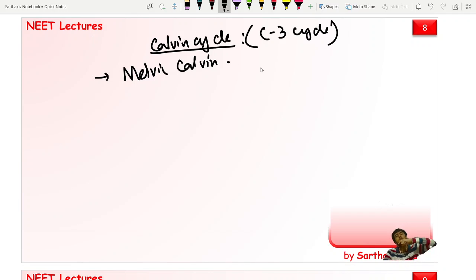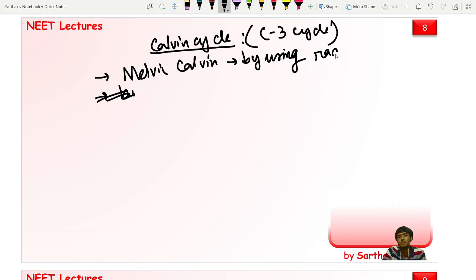Melvin Calvin basically first deduced this cycle by using radioactive carbon, or 14C.